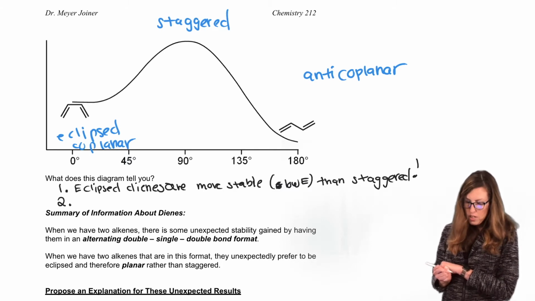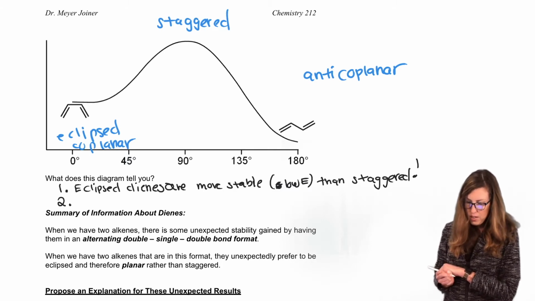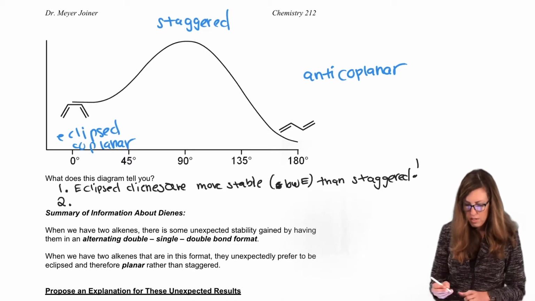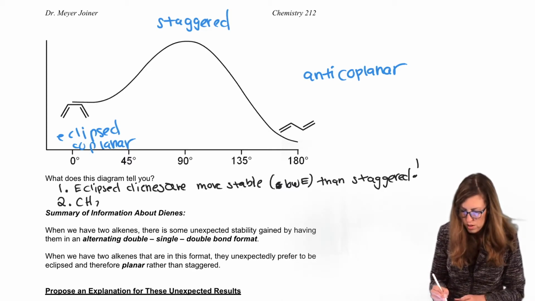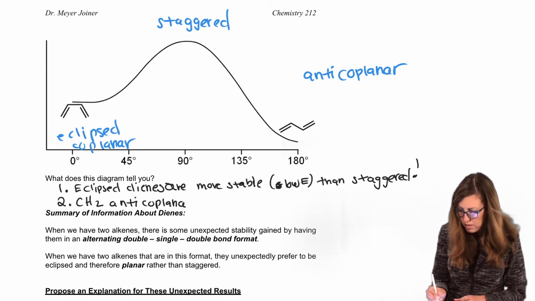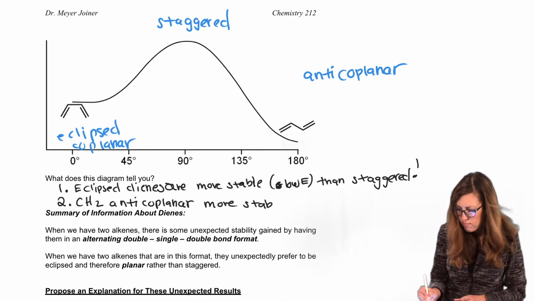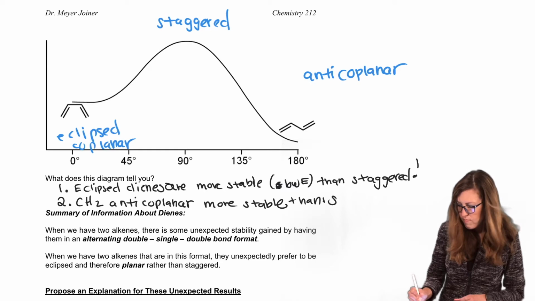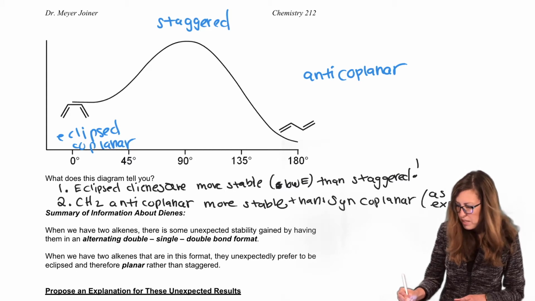Number 2, what else can we conclude? We've been saying this out loud. Between the two eclipsed versions, the CH2's anti-coplanar, so it's the last scenario, is more stable than syn-coplanar. Now that's expected, so I'll write as expected.